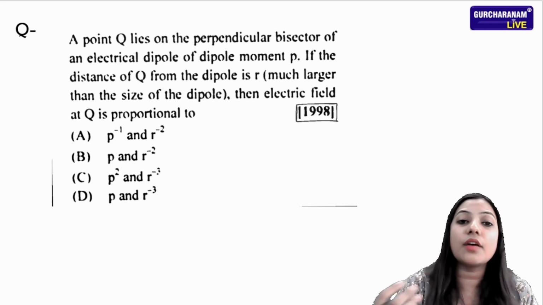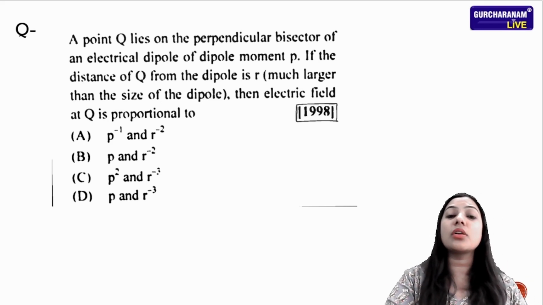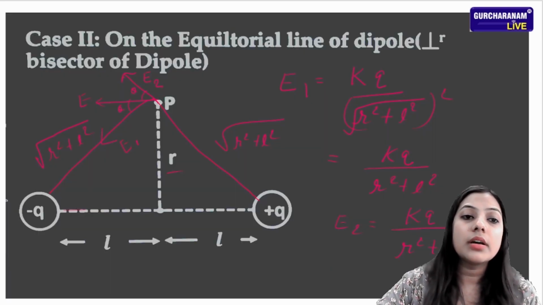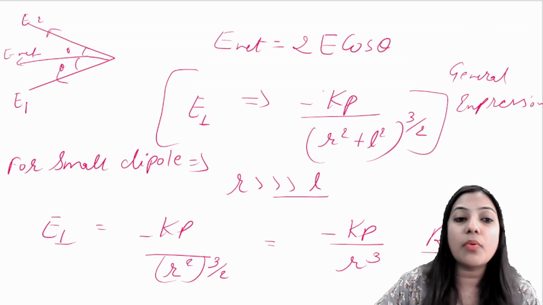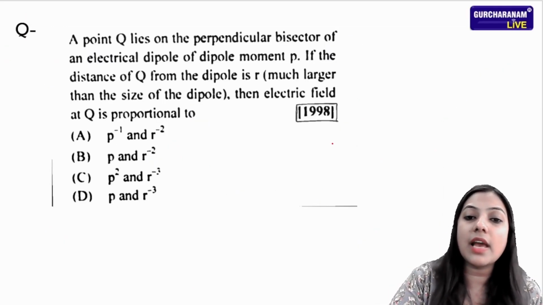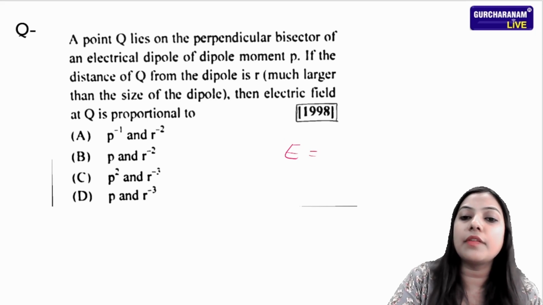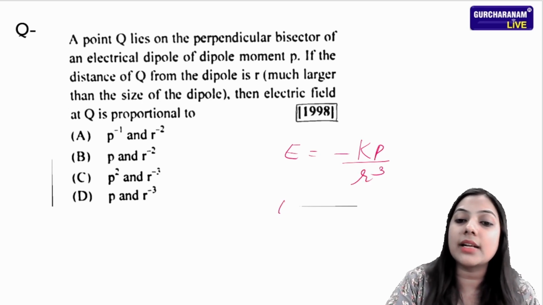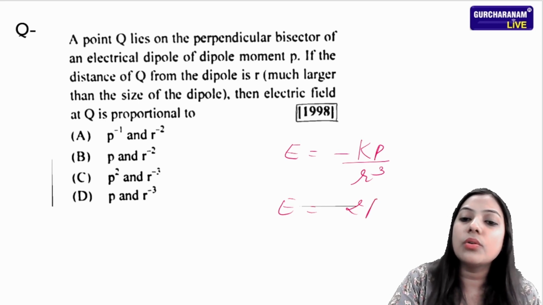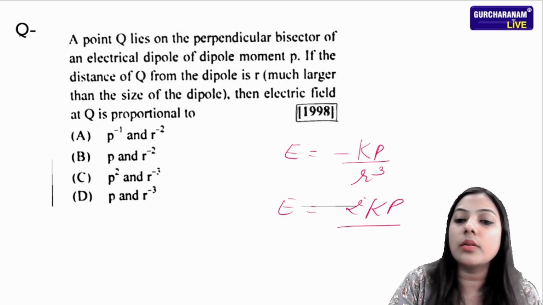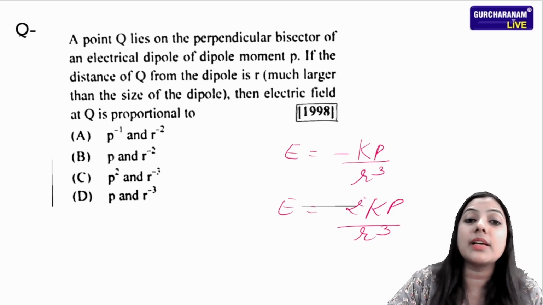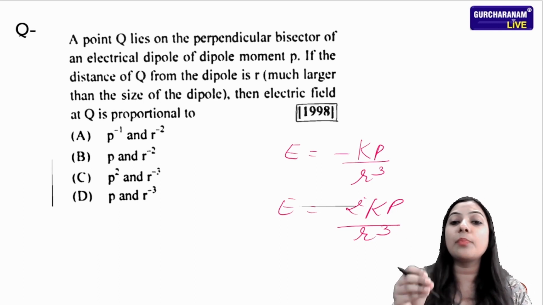For the perpendicular bisector, the value is minus Kp upon r cube, and for the axis it is 2Kp upon r cube.